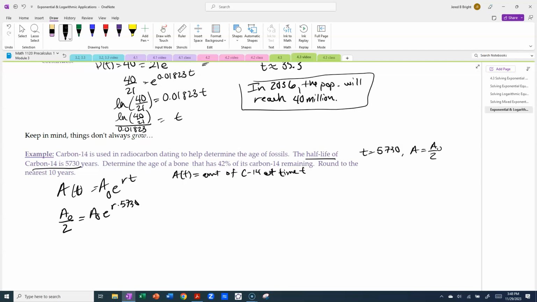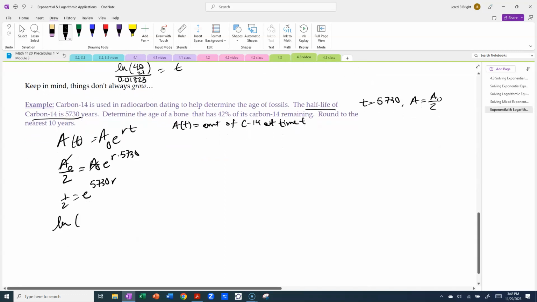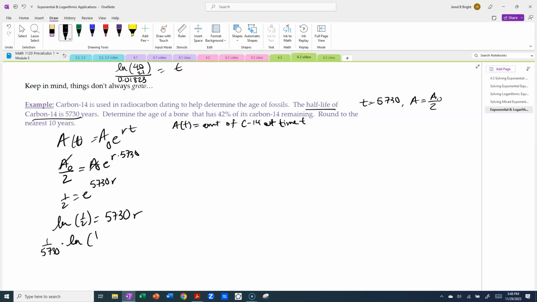Then I can divide the A naughts out, and 1/2 is equal to e to the 5730r, and this is just like the previous one, so switch it to log form. Natural log 1/2 is equal to 5730r. Divide by 5730, and that's r. So 1 over 5730 times natural log 1/2 is equal to r.